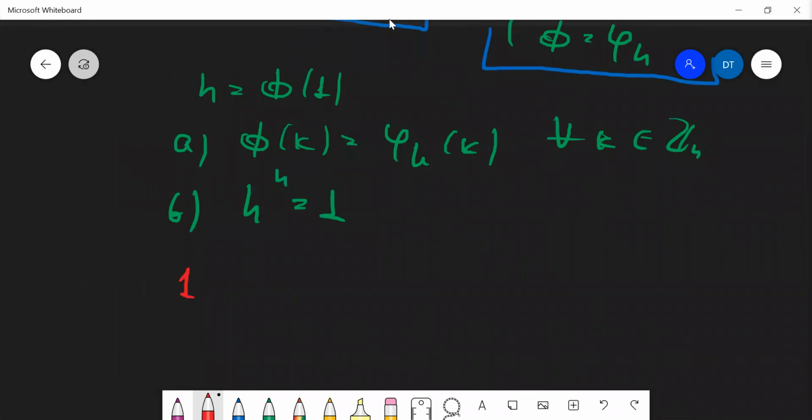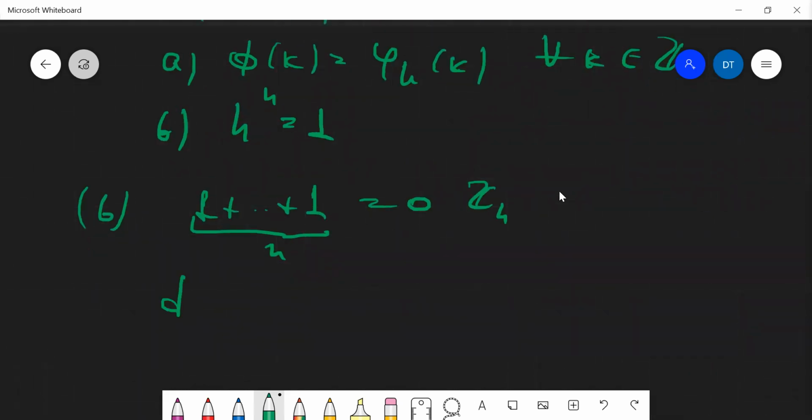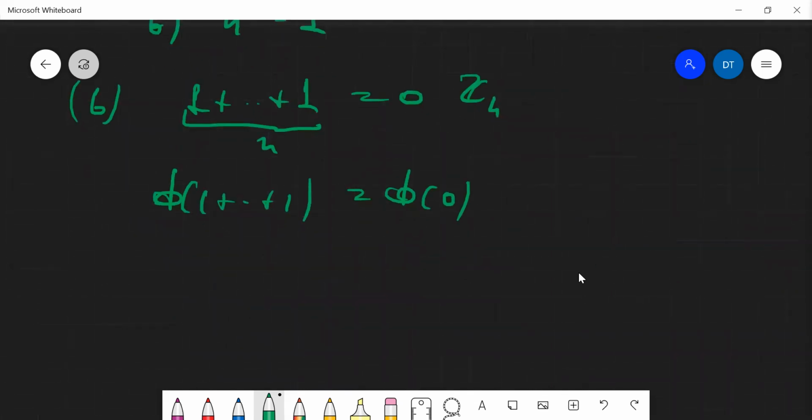And this will happen. So why does this happen? Let's prove B first. When you take 1 plus 1 plus 1, n times, it's equal to 0 in Zn. So when you apply phi, you will get this. But since phi is a homomorphism, it takes the neutral element to the neutral element, which means that this is 1, which is neutral in H. And this goes to phi of 1 to the power of n, which is h to the power of n by definition.